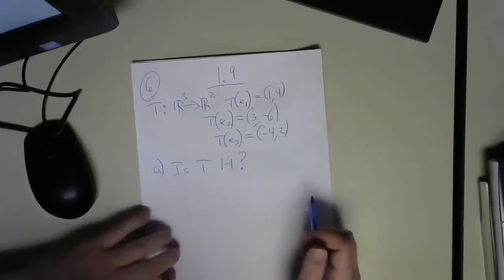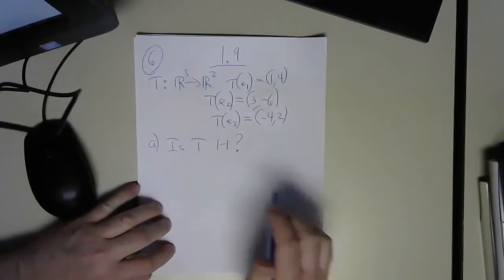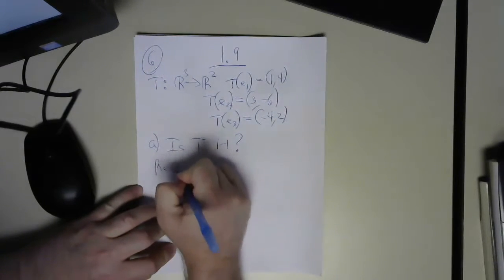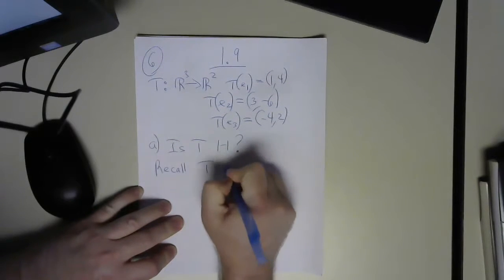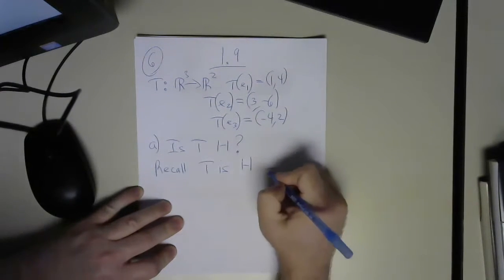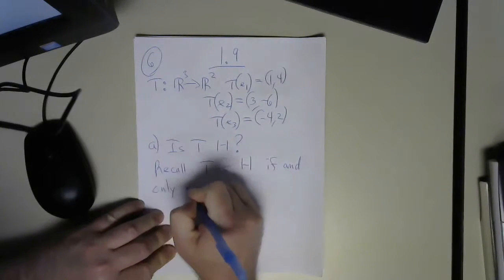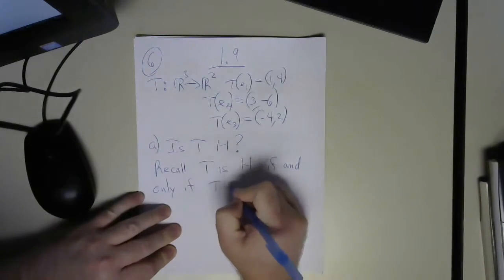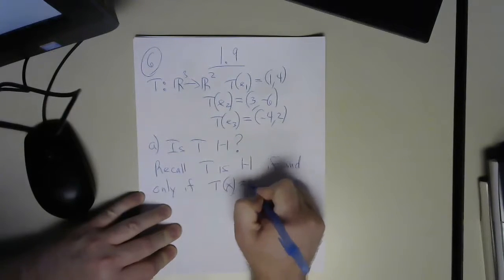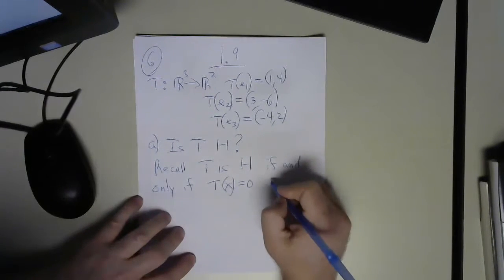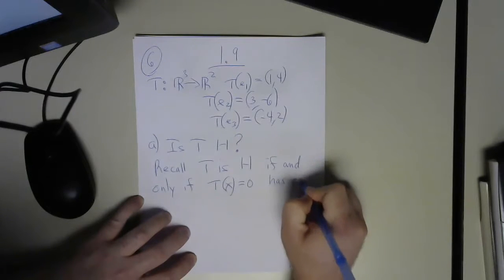Now you might recall, and here's a theorem I'm going to throw at you again, and if you don't recall, try to remember it. T is 1-to-1 if and only if T of x equals 0 has only the trivial solution.